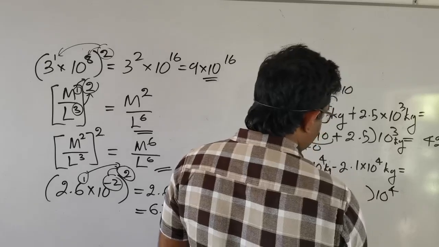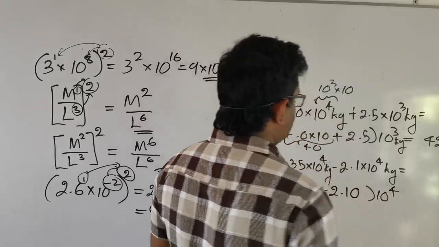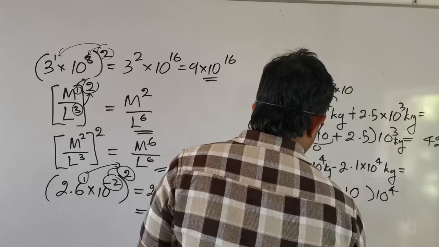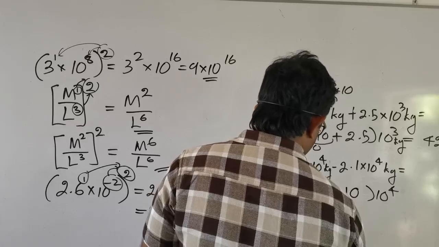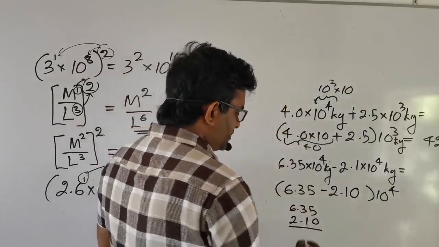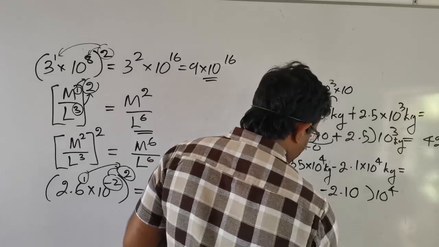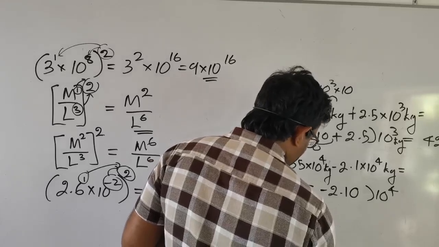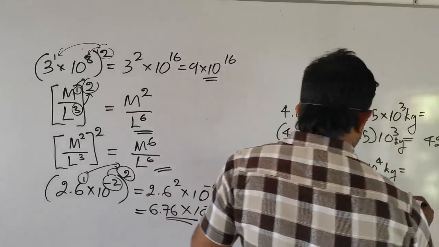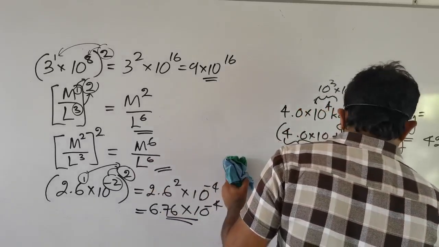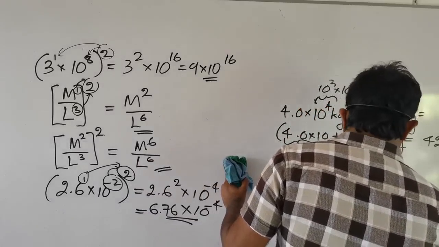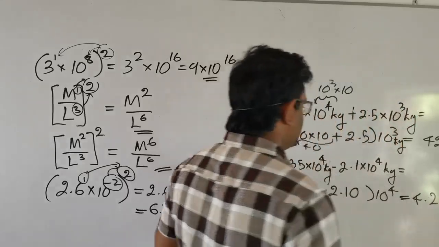Here we have two decimal places, therefore we can write two decimal places like this. Then 6.35 minus 2.10, write them in line with the decimal point. Then 5 minus 0, that is 5, 3 minus 1, that is 2, and 6 minus 2, that is 4. So the final answer is 4.25 into 10 to the power 4, right?